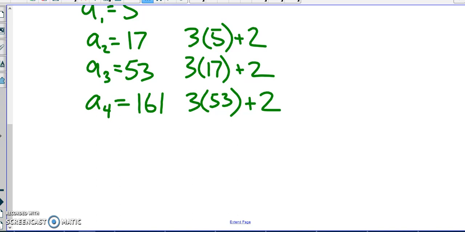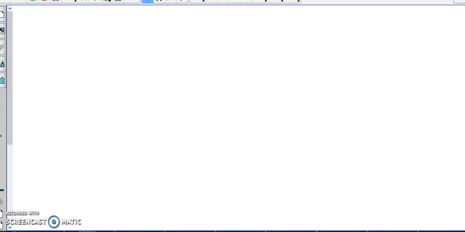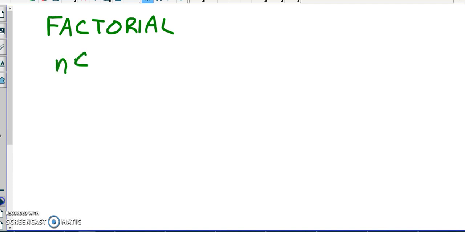All right. So that's basically how a recursive formula works. Now, the next thing we need to discuss is what's called a factorial. So if n is a positive integer, positive, not 0, then n factorial, now please note this is not n, it's read n factorial.